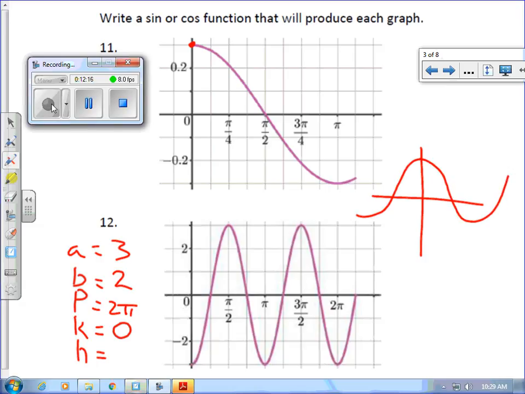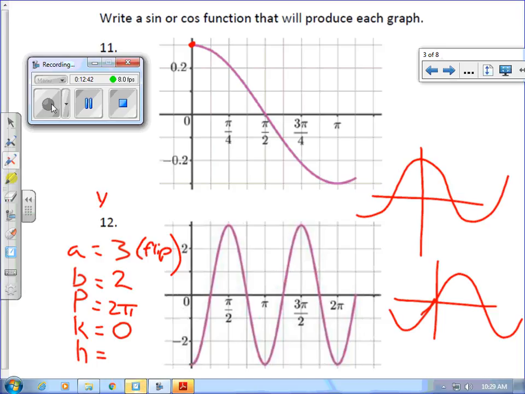Sine naturally starts here. It looks more like cosine, except we're crossing down here as opposed to crossing up here like it normally does. So how do you make it do that? Flip it. That'd be easy enough.